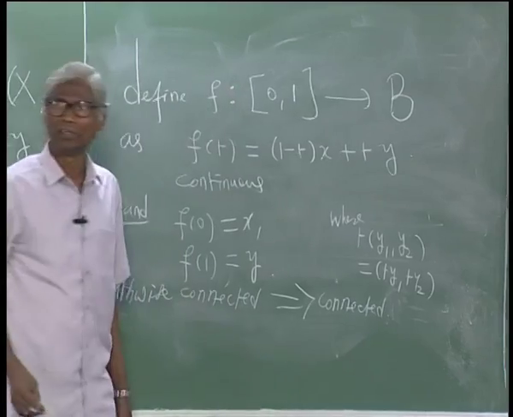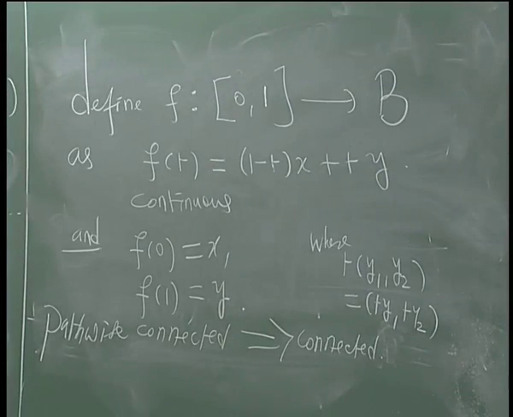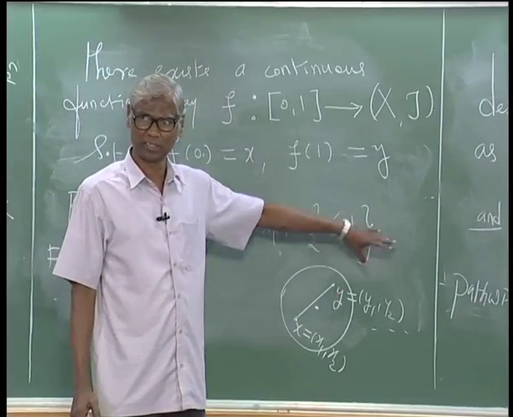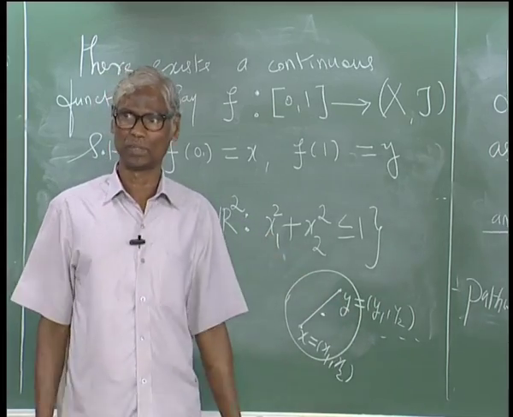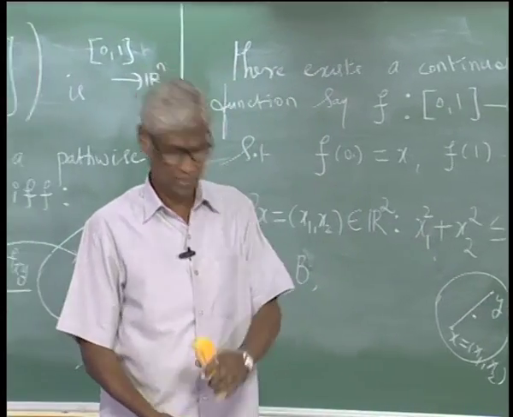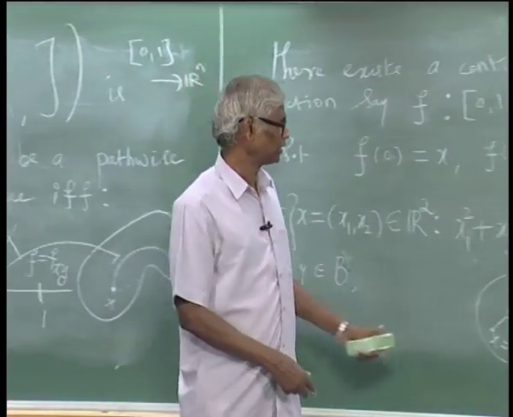But if a set Y is an open subset of Rn, or in particular R2, then every connected set is also pathwise connected; that is, if Y is open and Y is connected, then it is pathwise connected. So, let us see the remaining things in the next class.